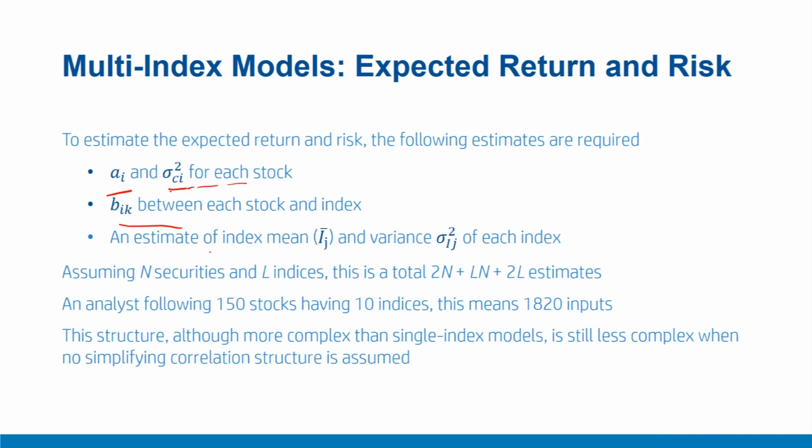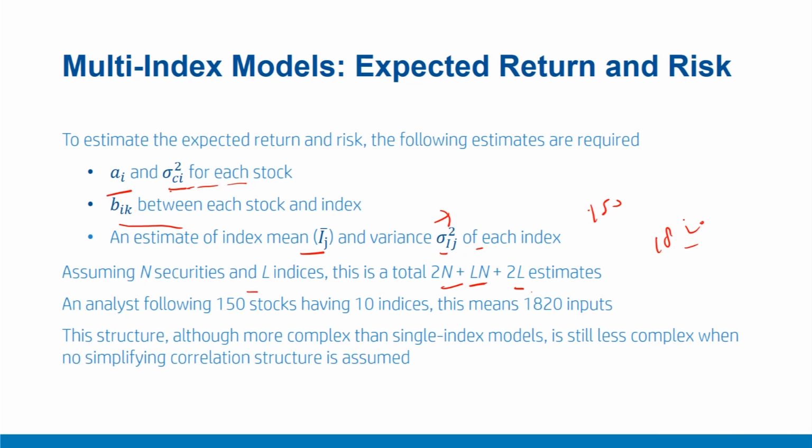And finally, an estimate of Ij bar, which is the index specific mean of the index, and variance sigma Ij square, which is the variance of index Ij for each index. Assuming there are n securities and L indices, that results in a total of 2n plus Ln plus 2L estimates. For example, as an analyst, if you're following, let's say 150 stocks and 10 indices, then this means 1820 inputs.